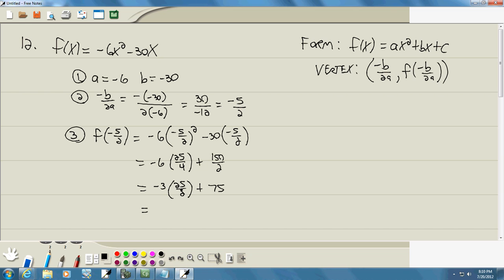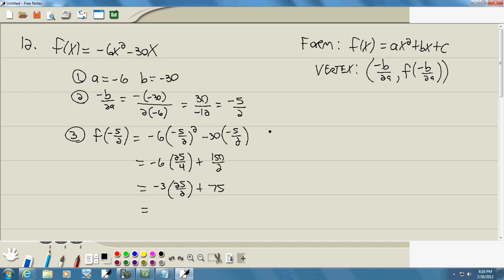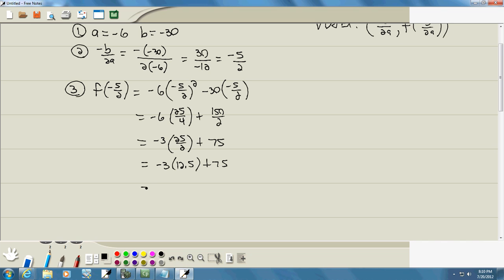And I could get this in fraction form, but I know right away what they're looking for is decimal. So let me just go ahead and change this. This is negative 3 times 12.5 plus 75, which gives us negative 37.5 plus 75, which gives us a positive 37.5.